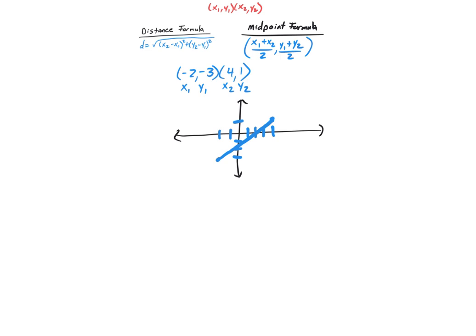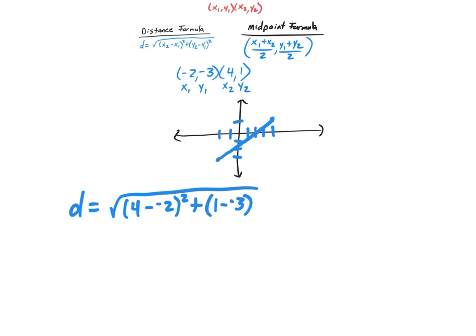So in this case here, we're going to plug the numbers in. So we're going to go x2 minus x1. And once again, we're going to be really careful of our signs here. 4 minus -2 squared. And then 1 minus -3 squared.